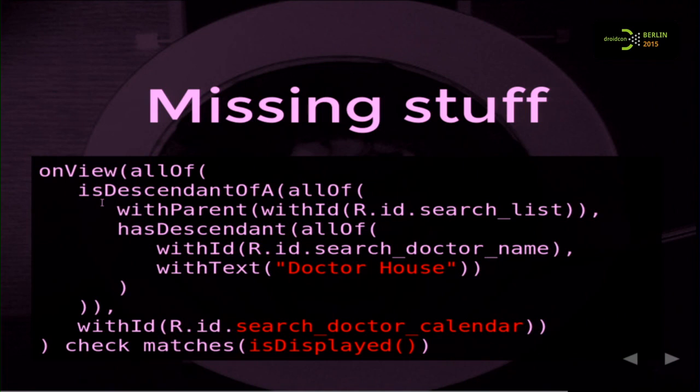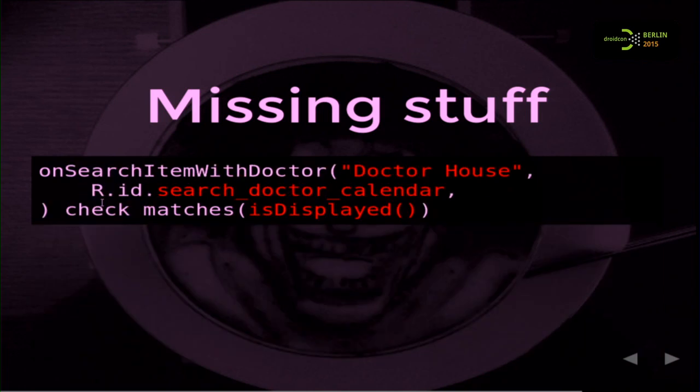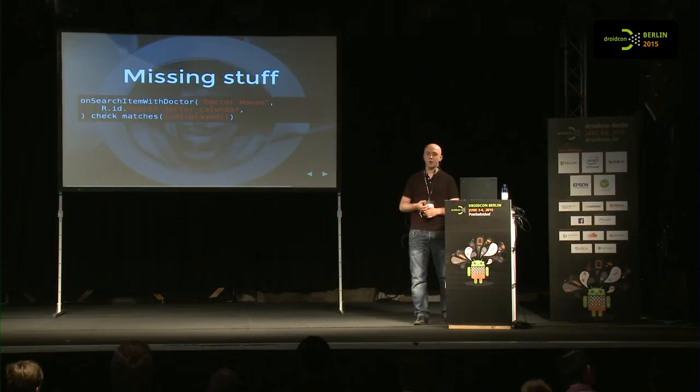It contains some stuff, but in our case, it was not sufficient to write complex tests. So you will end up with code like that. But basically, if you abstract it, you will probably find it easier to read. So with our Dr. House, we check if his calendar is displayed. So abstract, always abstract.